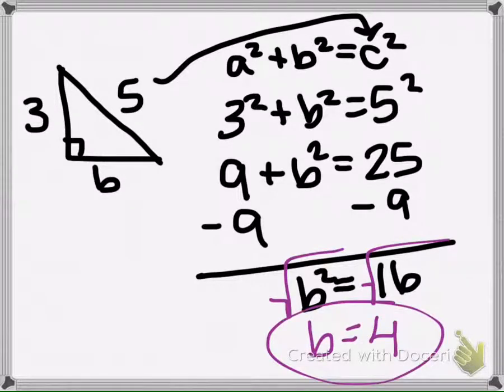So we end up with b equals 4. This works really nicely when you are working with a Pythagorean triple because they are perfect squares, so they are easier to deal with. Let's see if we have something a little different.